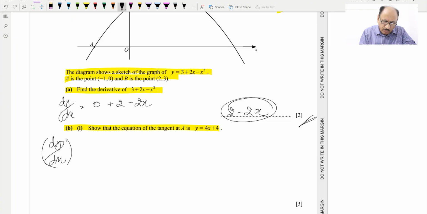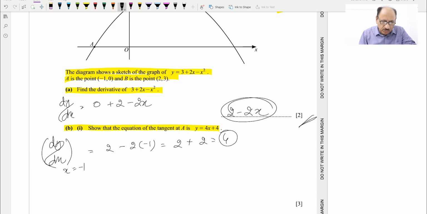So derivative at point x is equal to minus 1, and this will be 2 and minus 2 into minus 1, so this will be equal to 2 plus 2, which is equal to 4, so gradient will be 4.